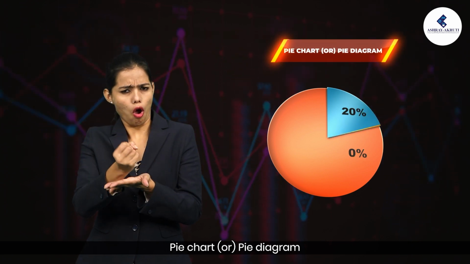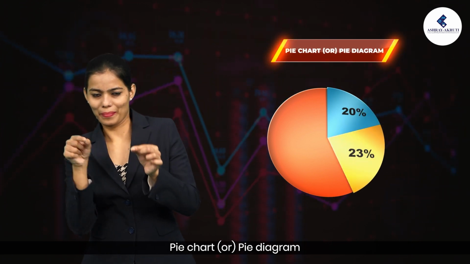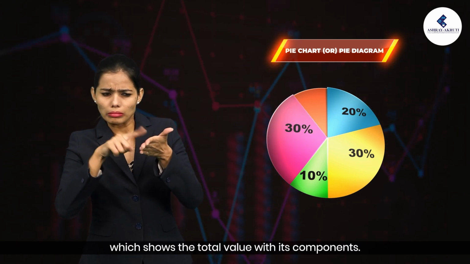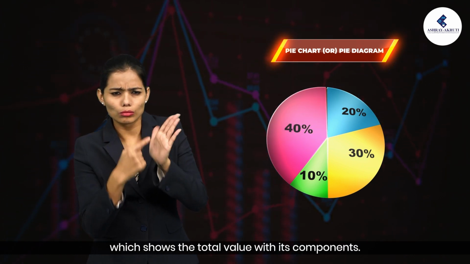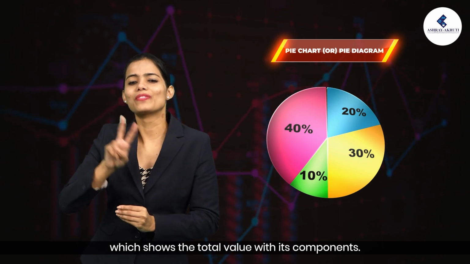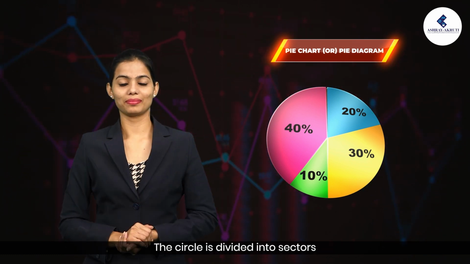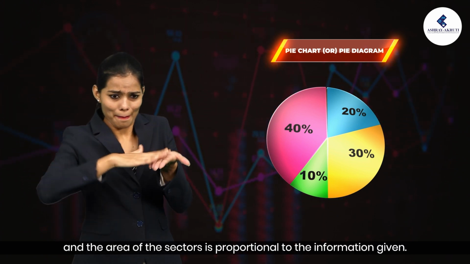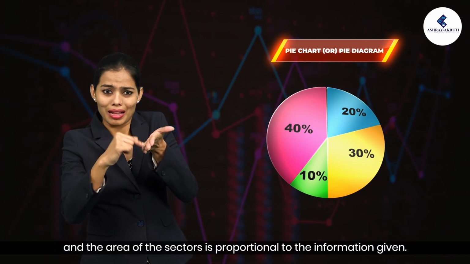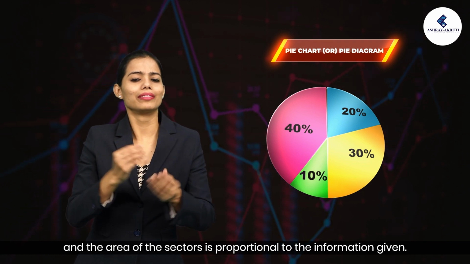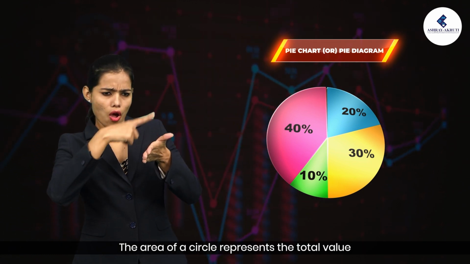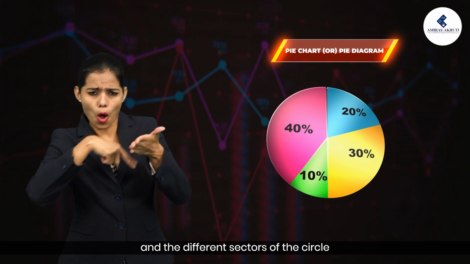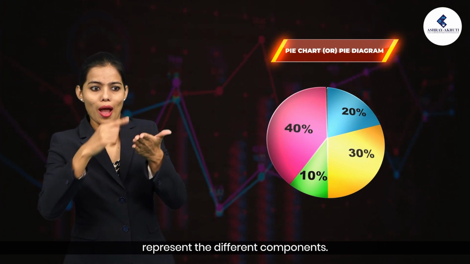Pie chart or pie diagram. A pie chart is a circular graph which shows the total value with its components. The circle is divided into sectors and the area of the sectors is proportional to the information given. The area of a circle represents the total value and the different sectors of the circle represent the different components.